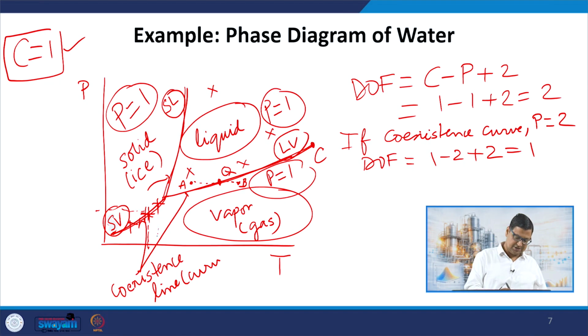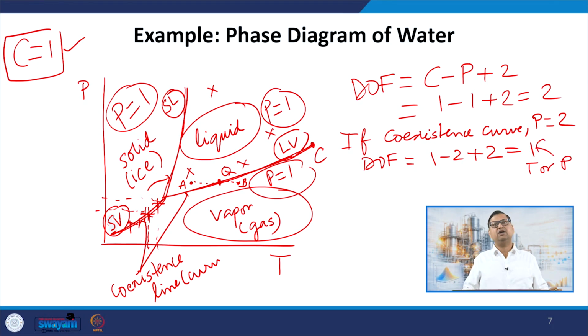Let us say I choose this temperature, then I need to have a certain pressure to be on the curve. In other words, for any given temperature, the coexistence will happen only for a unique pressure that is a function of this temperature, and I can say the same thing for temperature being a function of the pressure. So, now I can choose either T or P.